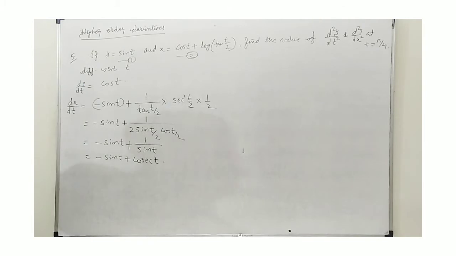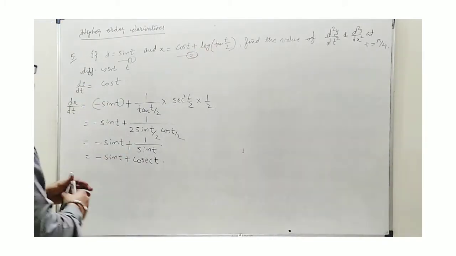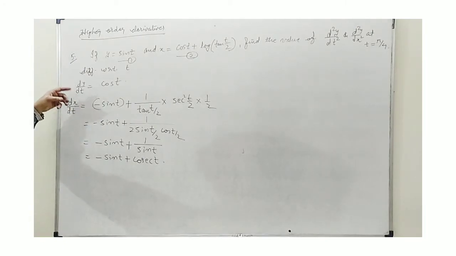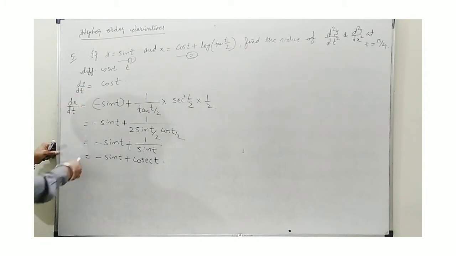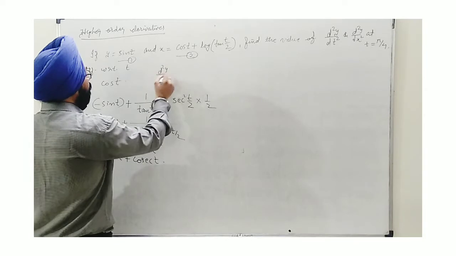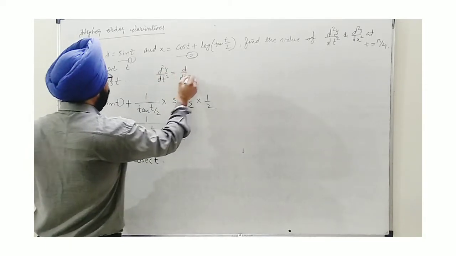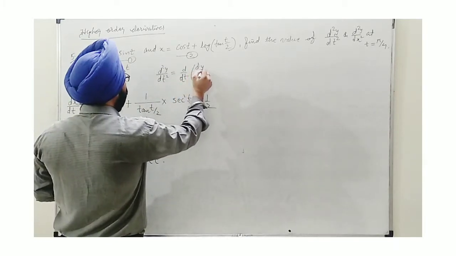At this stage, let me tell you what is the meaning of d square y by dt square. D square y by dt square means you do the differentiation of y with respect to t second time. Means if I differentiate dy by dt here only, d square y by dt square, this will be d by dt, differentiation of dy by dt with respect to t itself.